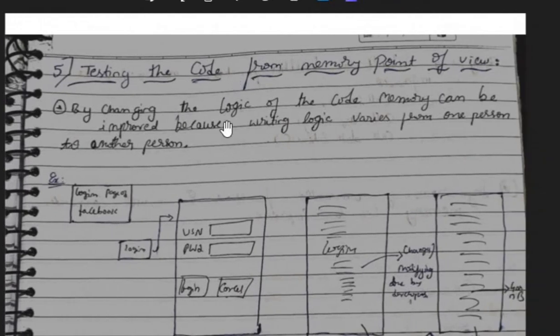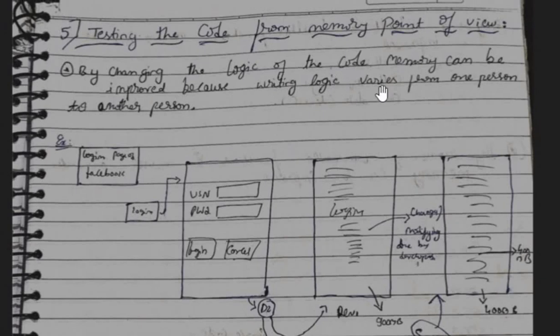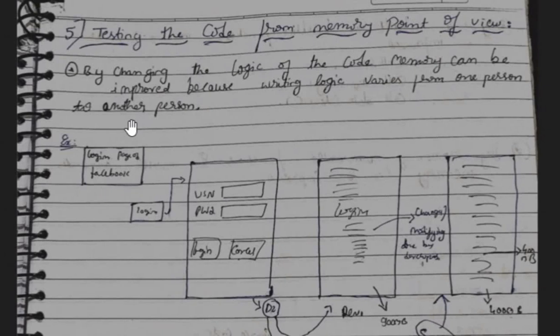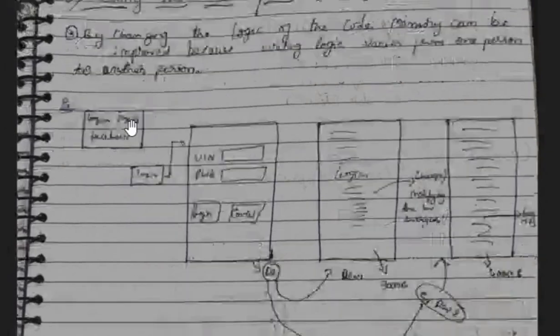For example, I wrote the addition program in 20 lines, and someone else wrote the addition program in 3 lines. Which one will you choose? The 3 lines only, right? That's what is explained here.